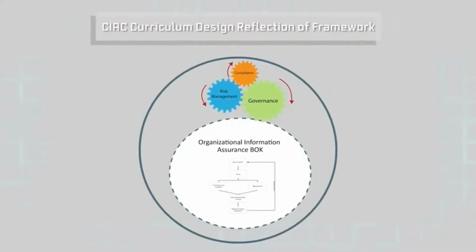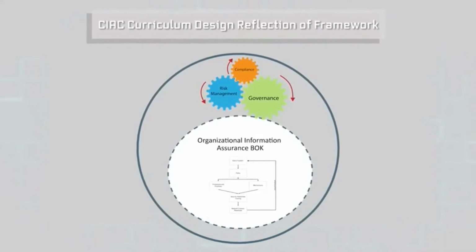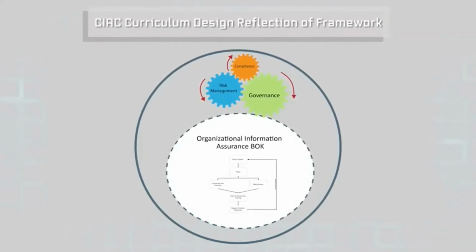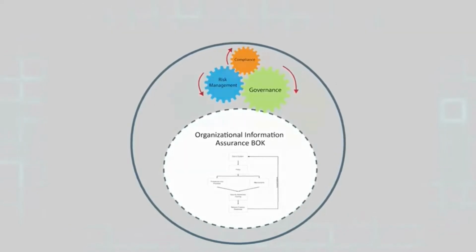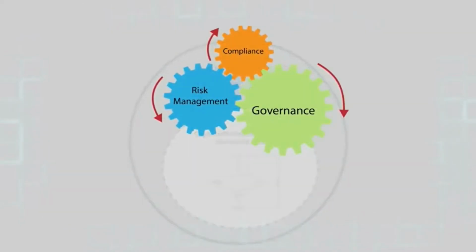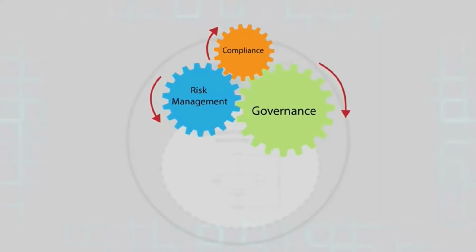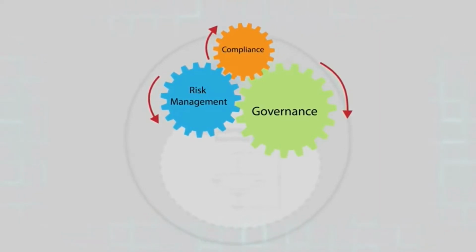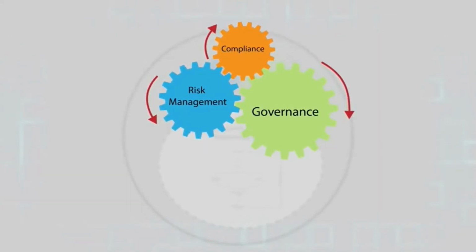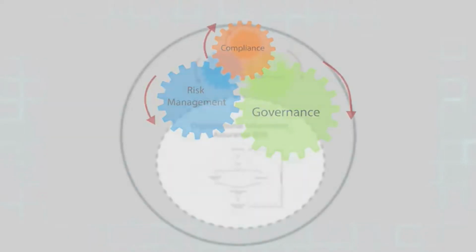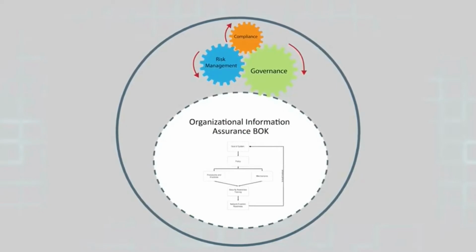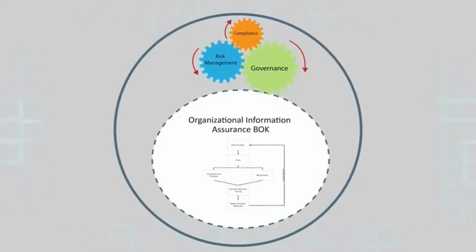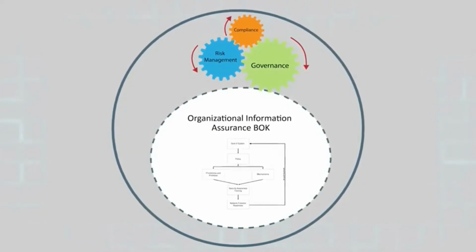Our curriculum looks at the same information. We display it a little bit differently. We make certain that the triad of governance, risk management, and compliance are driving our cybersecurity program. And then we look at the elements for establishing and planning cybersecurity in the following way.